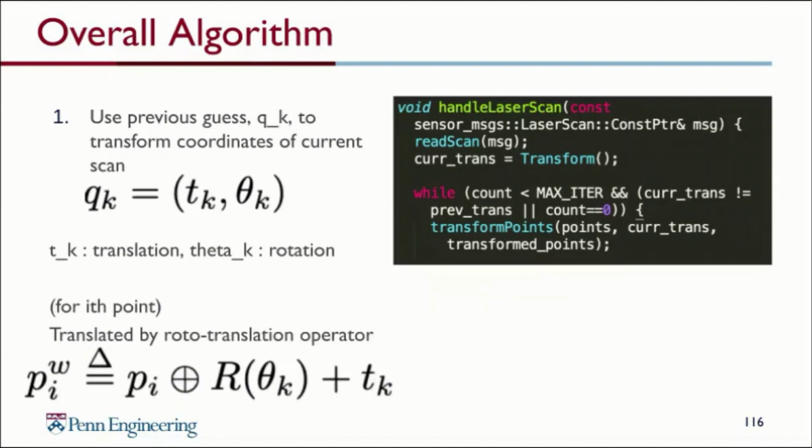And so for the ith point, we define the roto-translation operator R and the translated point p of i of w, which is basically p of i that's been rotated by some theta value and translated by t of k. So p of i of w is the newly translated point within the reference frame of the previous scan.